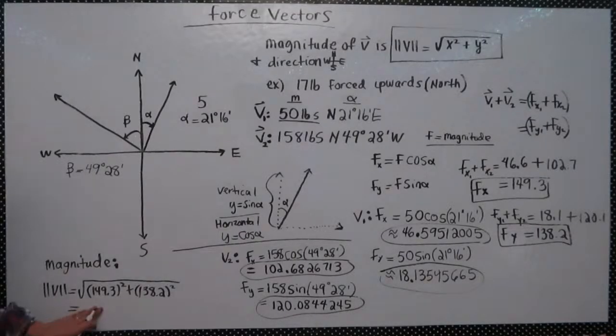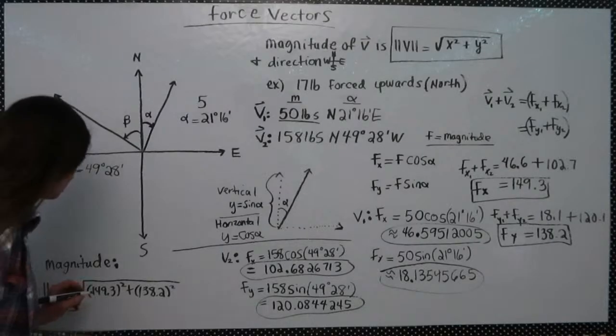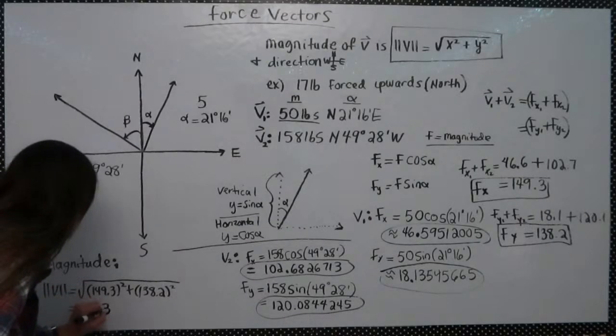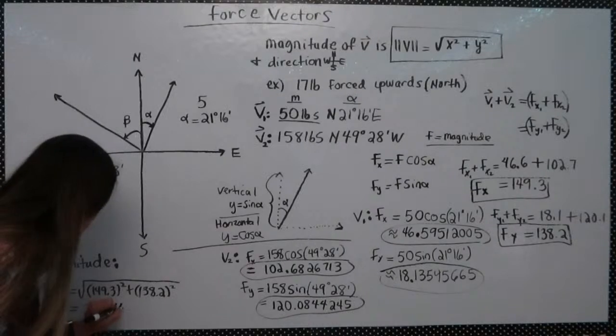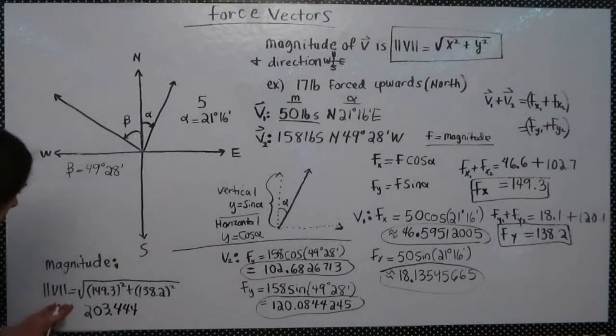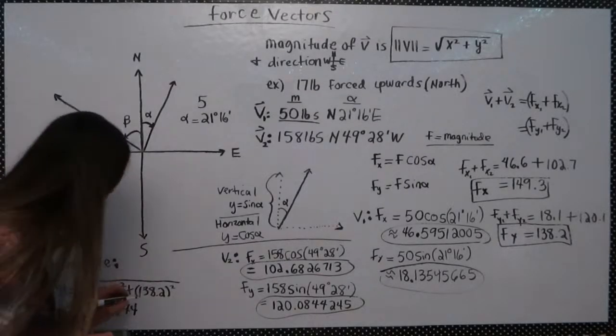Okay, I'm just plugging this in to calculate it. So, 149.3 squared plus 138.2 quantity squared, and that was a square root, and I'm getting 203.444, and again, this is an approximation, so I'll be careful with that. 444.6608.